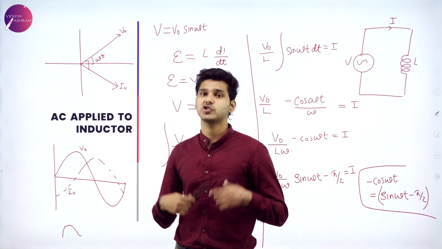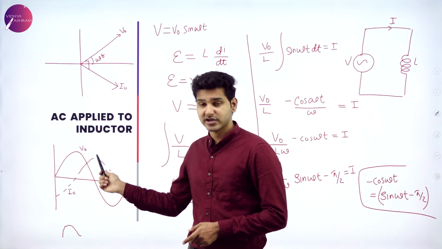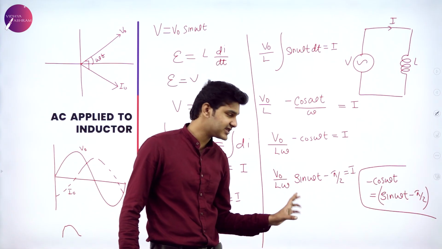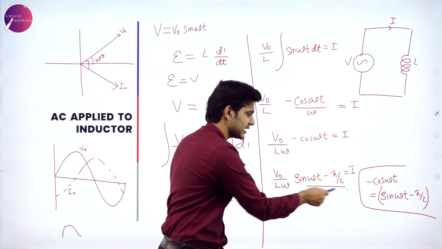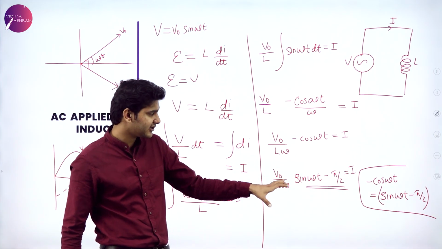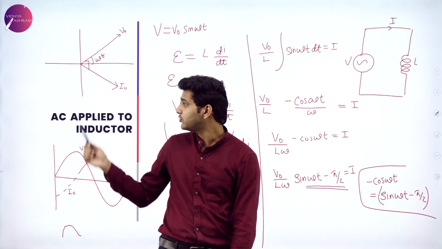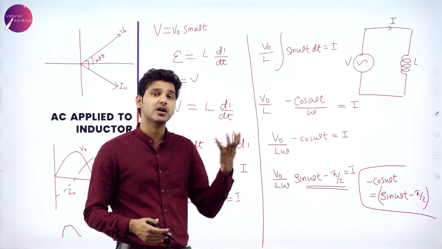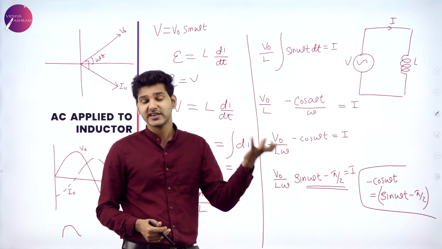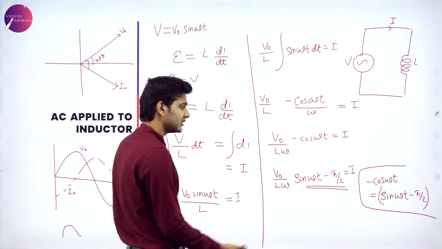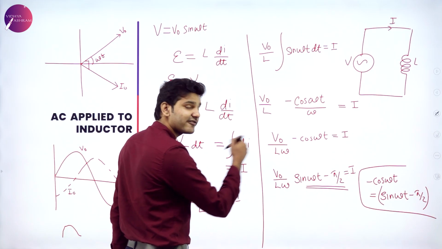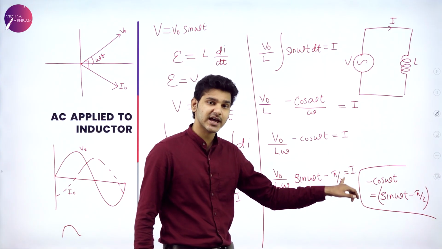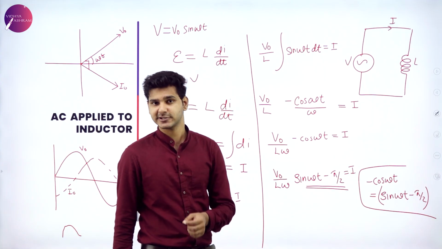This is the normal diagram which you are used to, representing current and voltage as AC power sources, and this particular equation conveys that the phase difference between these two is pi by 2. Generally, if you have any doubts regarding phase angle and phase difference, the angle omega t is the phase angle, and whatever we write after it, plus or minus, is the phase angle difference.